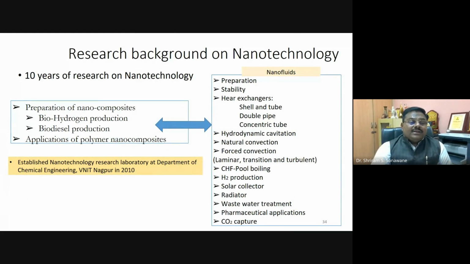Now we will discuss the research background of nanotechnology, 10 years of research on nanotechnology here at VNIT Nagpur.